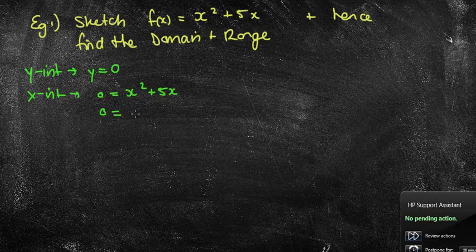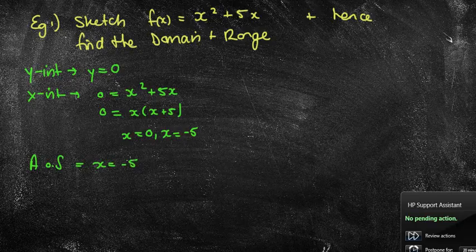I'm now going to factorize it to solve it, and then I've got x is equal to 0 and x equals -5. If I want to have my axis of symmetry, we can have x equals -b, which is -5, over 2a, which is -2.5.